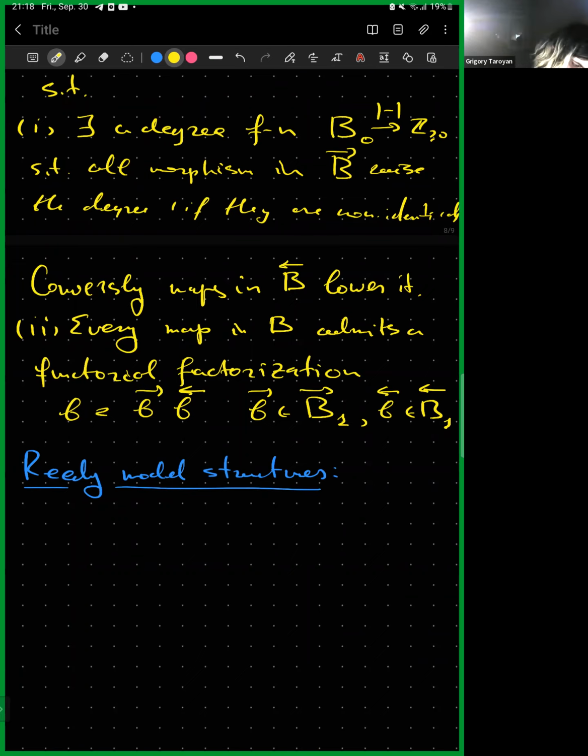So let's formulate the proposition which will define the necessary classes of maps in the diagram category. So assume that we have a model category M and B is a Reedy category.